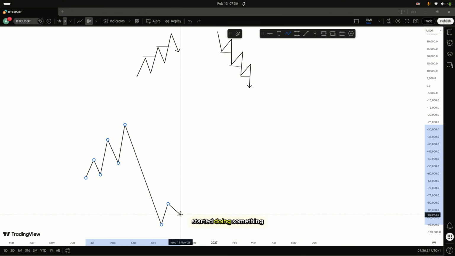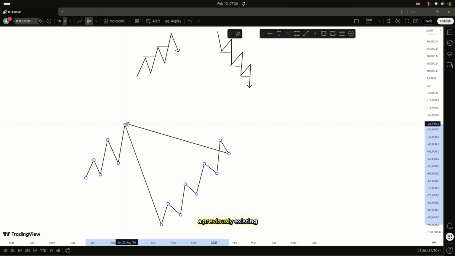Then price started doing something like this. Immediately, price took out this high and took out a previously existing high in the market. A double break of structure just occurred.